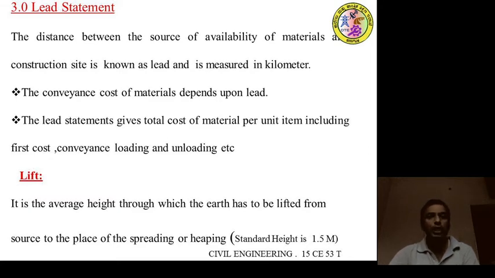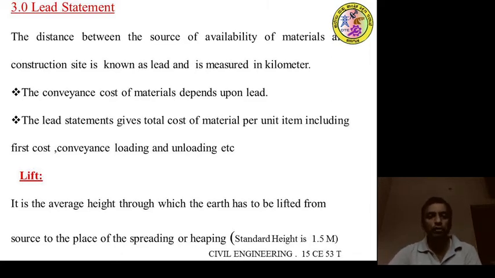That includes the first cost from the quarry, then carriage by truck from the quarry to the construction site, then loading of the jelly and unloading of the jelly. All the activities should be included in the cost of the material. That is called a lead statement.